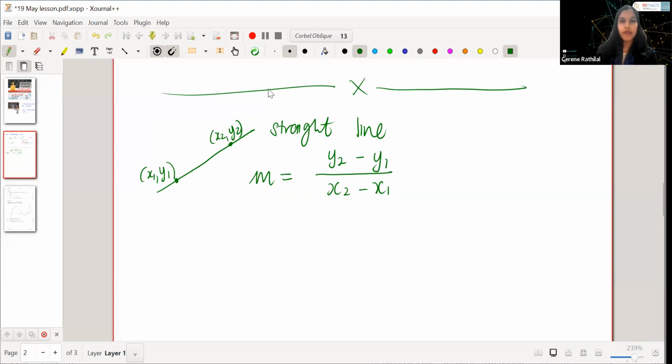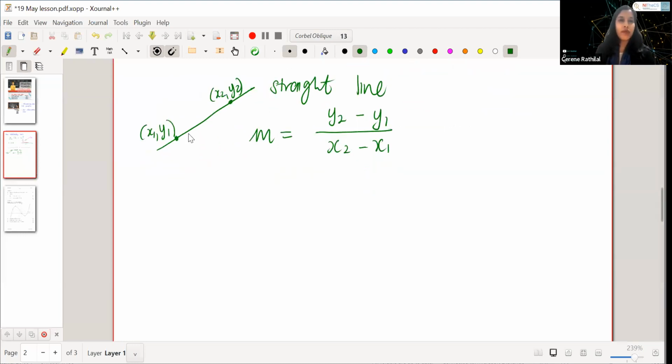But now, what happens if I don't want to determine the gradient of a straight line, but I want to determine the gradient of some arbitrary curve? And this is a curve, right? So of this f of x, I give you this graph and I want to know, how do I now determine gradients of this graph?